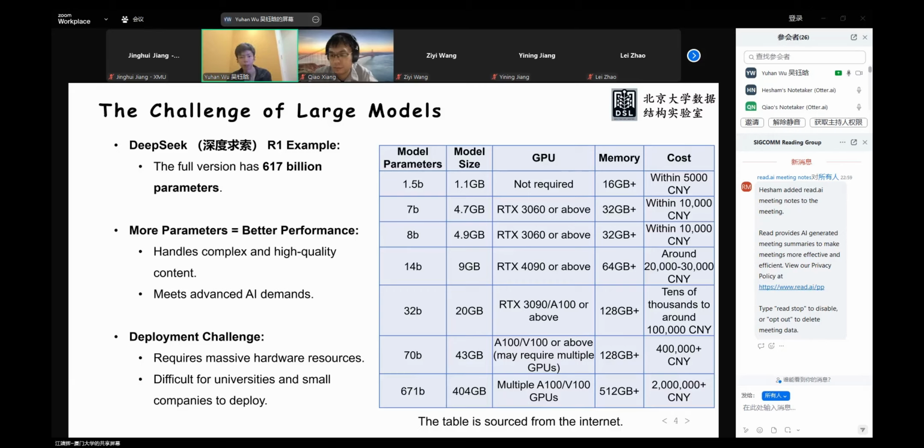However, it comes at a cost. A model of this size requires huge computational resources, making it difficult for universities, research labs, or small companies to deploy. This challenge highlights the need for smaller, more efficient models, something we aim to solve with TinyR1.